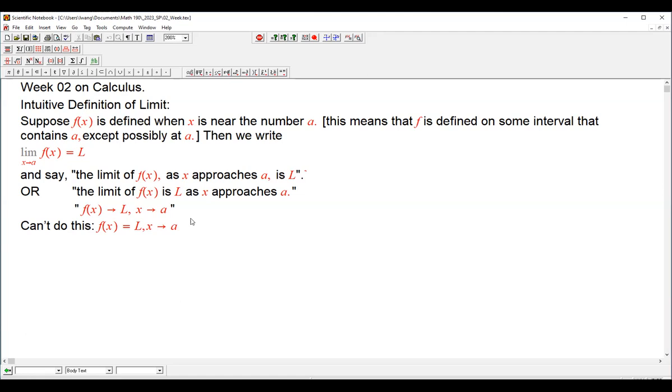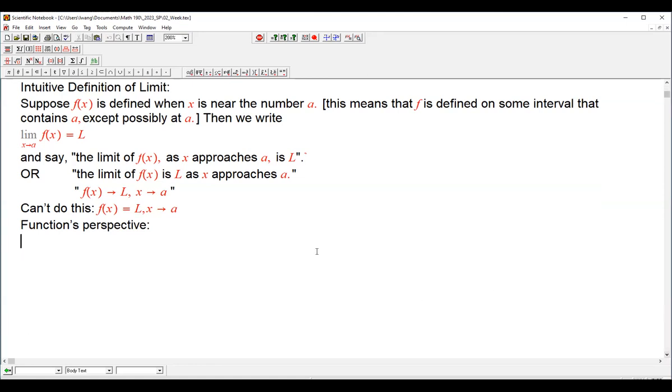So now from the functions perspective, we remember the definition of function. First, we know that a function is a rule, right? So recall the definition of function: a function f is a rule, and this rule is specified.